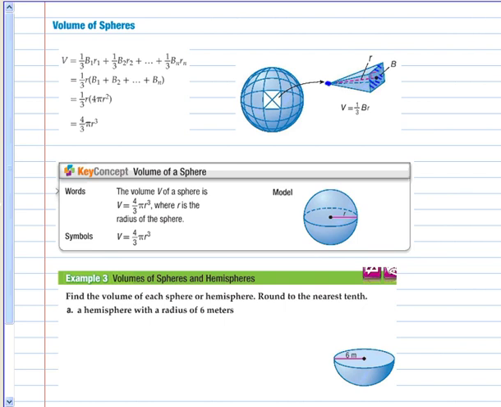But if you made those pyramids smaller and smaller so that it takes more of them to divide up that sphere, maybe you can visualize that as you take a smaller and smaller section of that curved surface, that little piece of the curved surface gets more and more flat.